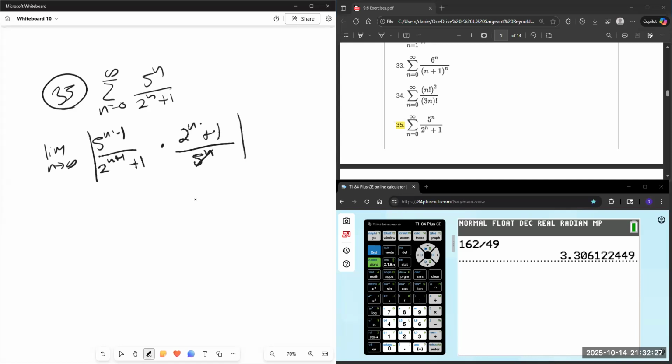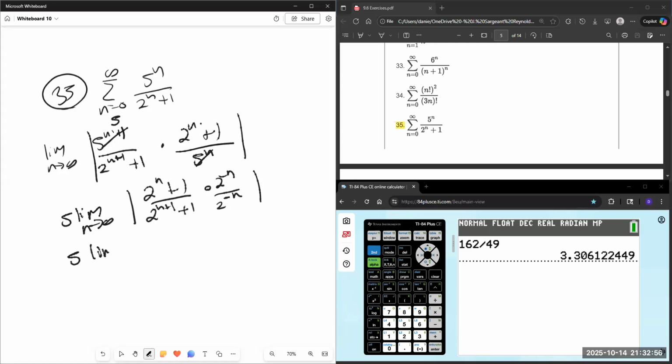And this is pretty easy, this is going to be 5 here. This is 5 times the limit as n goes to infinity of the absolute value of 2 to the n plus 1 over 2 to the n plus 1 plus 1. I'm going to multiply by 2 to the negative n over 2 to the negative n.